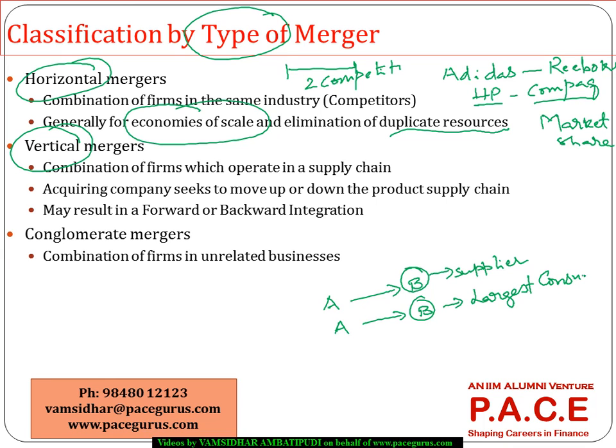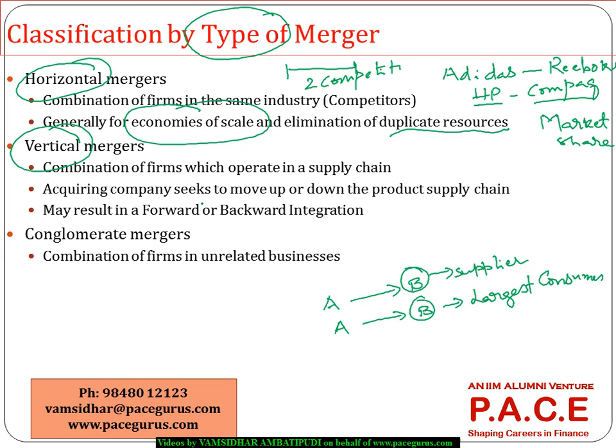In such a case, we call the merger between A and B a vertical merger. The company which you are acquiring is somewhere in the supply chain or the value chain of the company, either up or down.